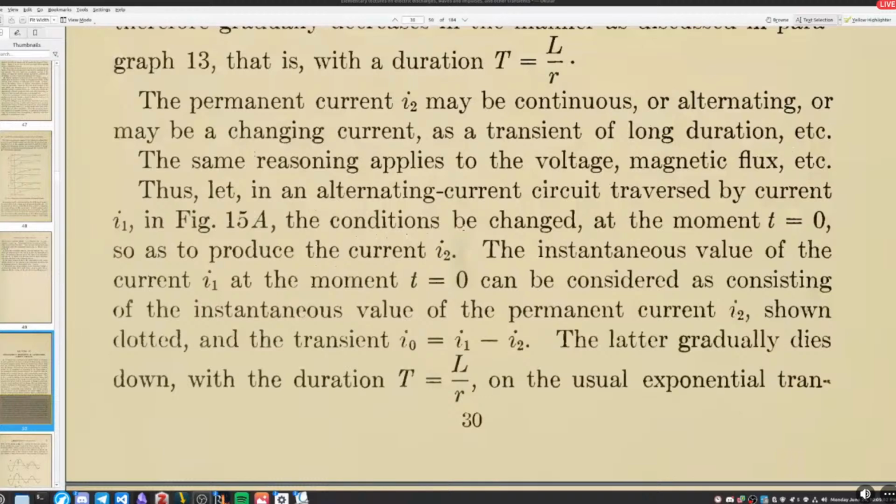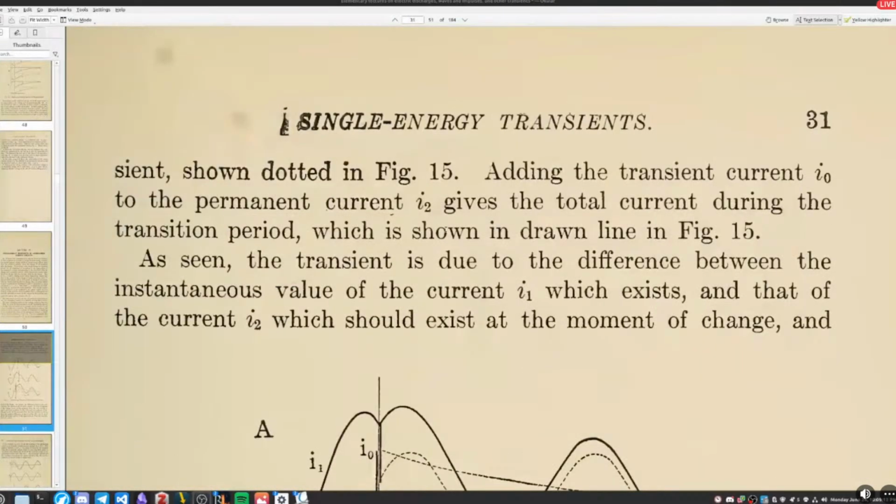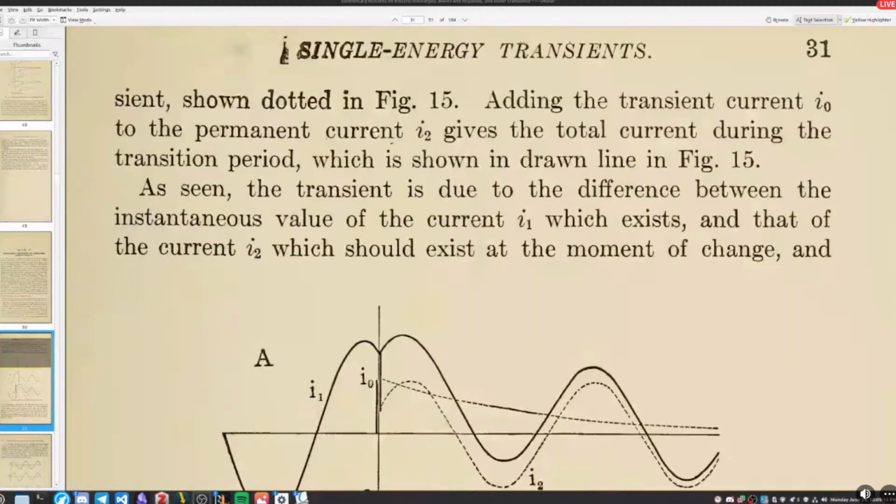The latter gradually dies down with the duration of t equals L over R on the usual exponential transient, shown dotted in figure 15. Adding the transient current I naught to the permanent current I sub 2 gives the total current during the transition period, which is shown in the drawn line in figure 15.